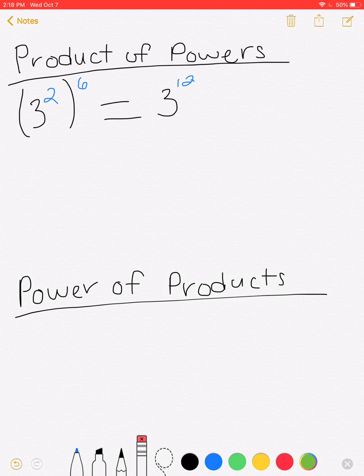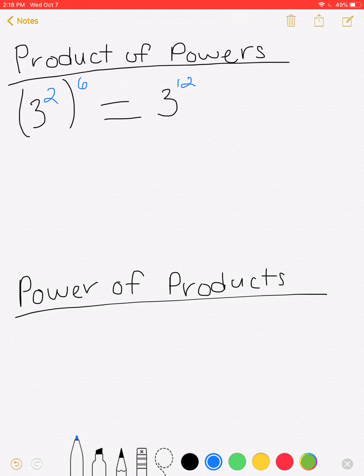I'm having issues writing my numbers nicely today. So 3 to the second, raised to the 6th power, is the same as 3 to the 12th. And if you want to double check this on your calculator, all you have to do is put in 3 to the second, equals, and that should be 9, and then 9 to the 6th. 9 to the 6th is 531441.